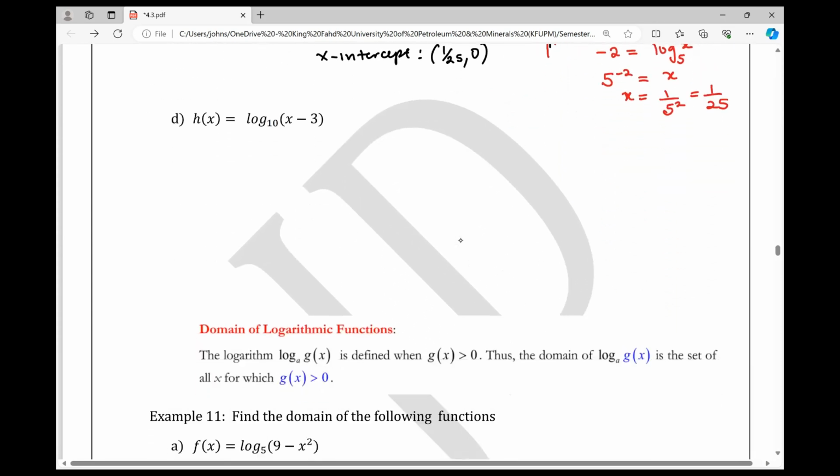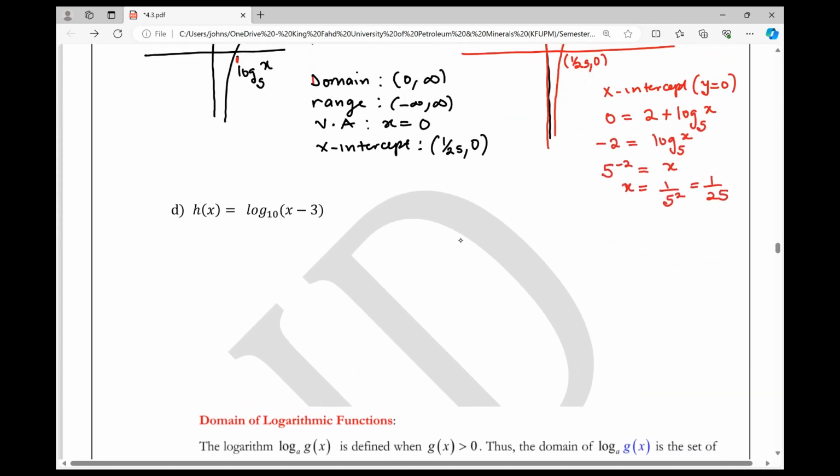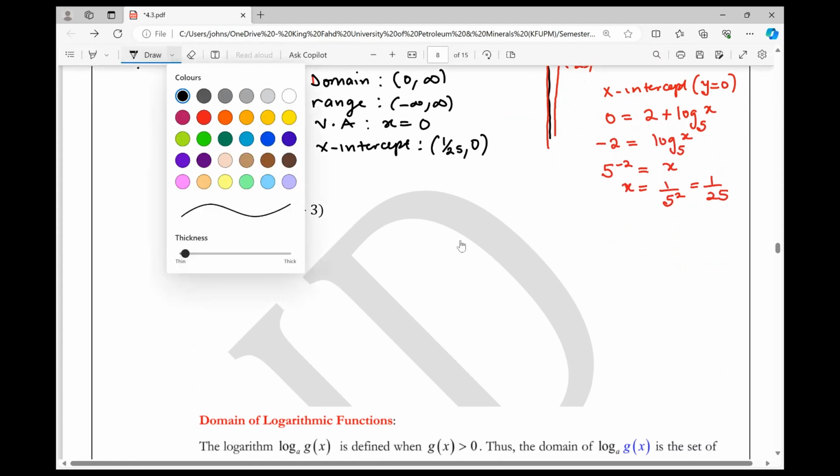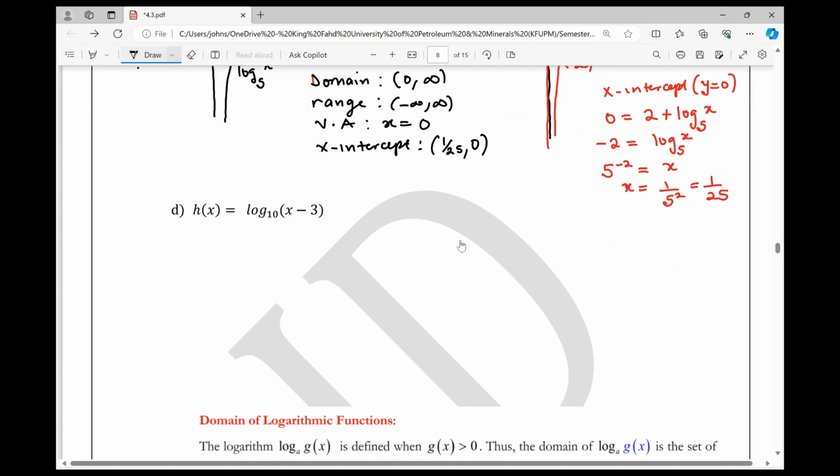So for D, here we just need to do the horizontal translation. So we have this one.